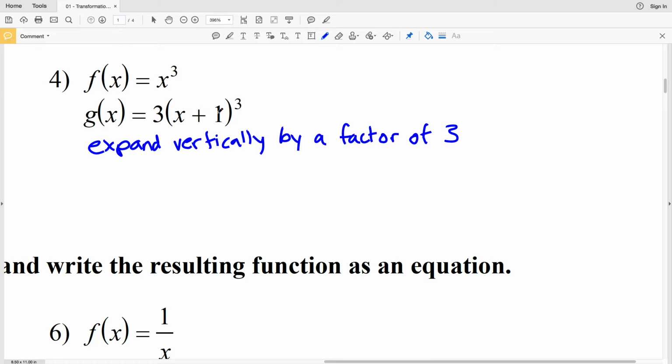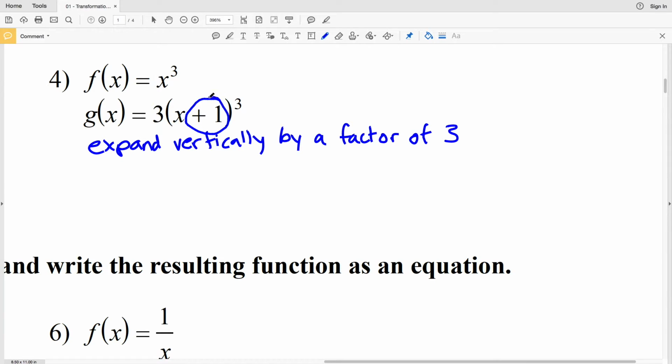And lastly, we can note that this 1 is added to x. However, the 1 is not added to the function, it's just added to the variable. So remember, if we added a number to the entire function, we're moving it up or down. But if we're adding a number to just the variable, we're going to be moving it left or right.